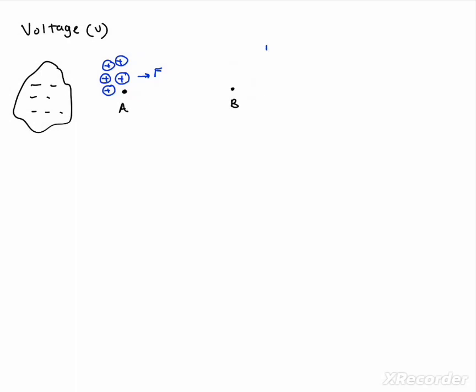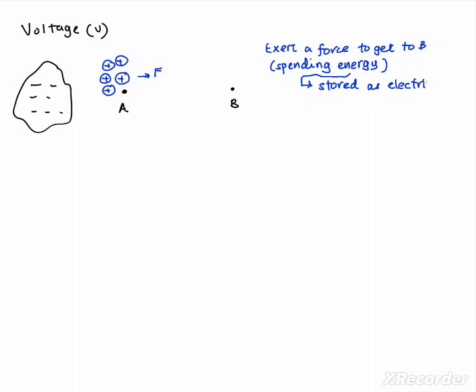So what we are going to do is exert a force to get them to B. What we are doing is spending energy on this move, and this energy is stored as electrical potential energy.